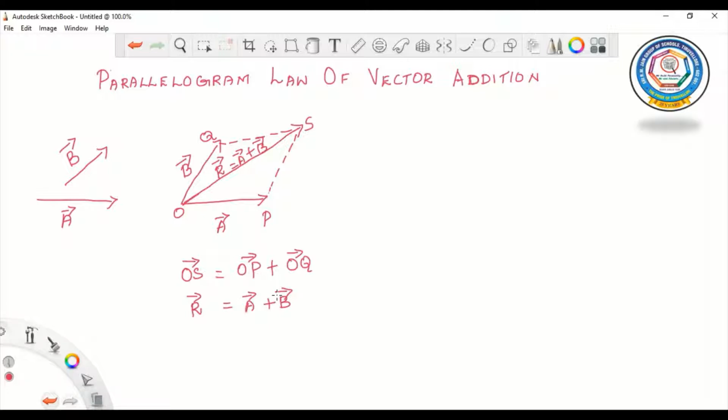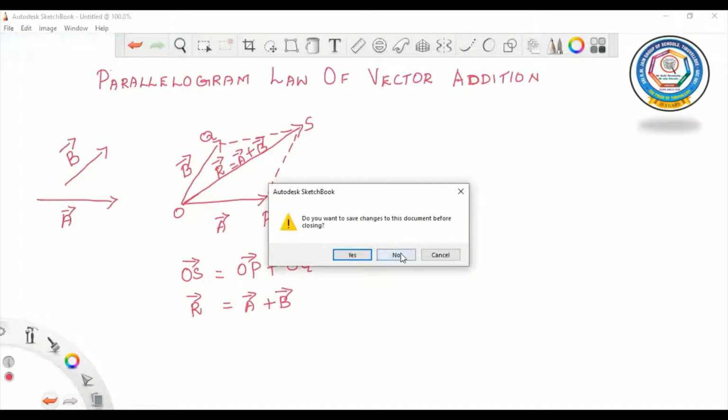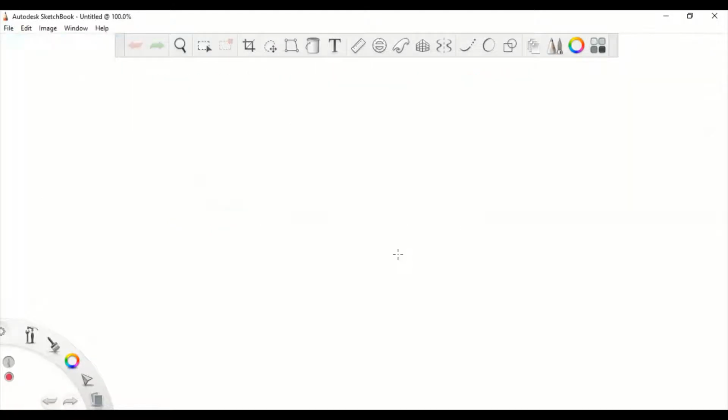So now let us see, if these two are inclined at an angle theta, how can we find the magnitude as well as direction of their resultant? We are going to study the analytical method of vector addition.